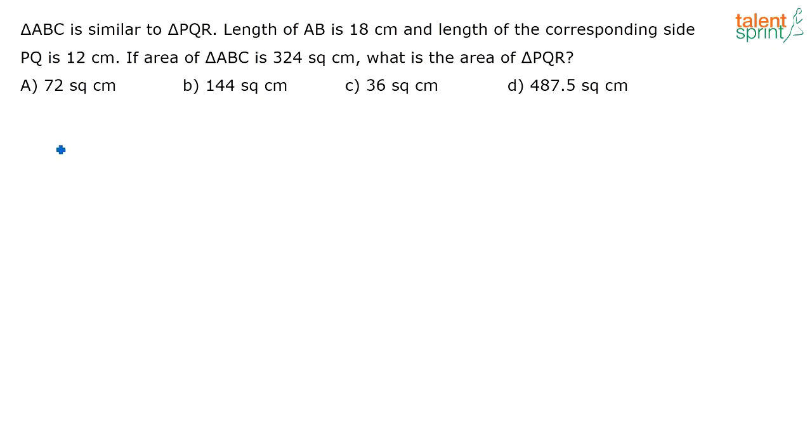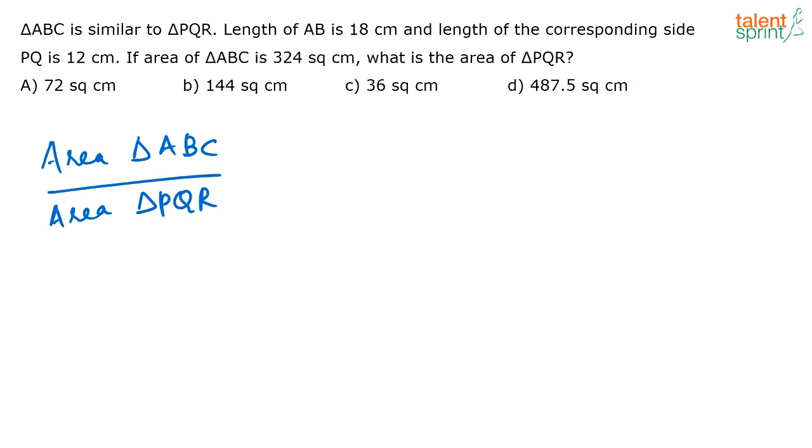Here the two similar triangles are ABC and PQR, correct?